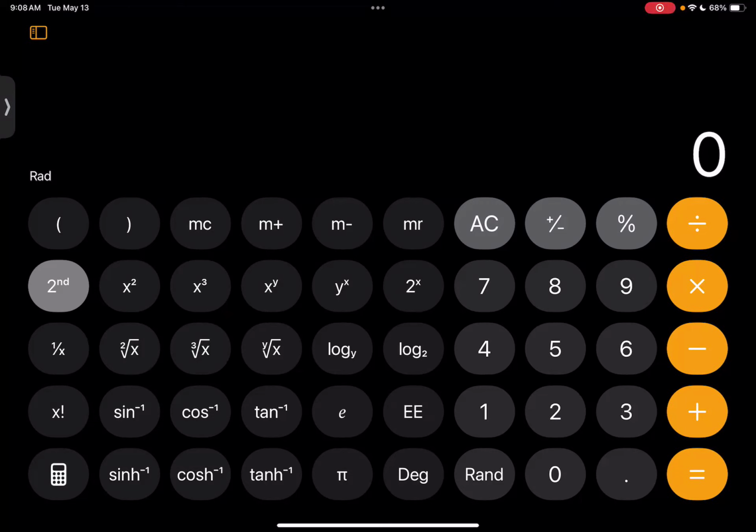You don't learn about that topic until next year. So don't worry about that, and just make sure you're hitting this button here, and make sure that rad goes away on the screen itself. Now you're in degree mode, and you're ready to go.